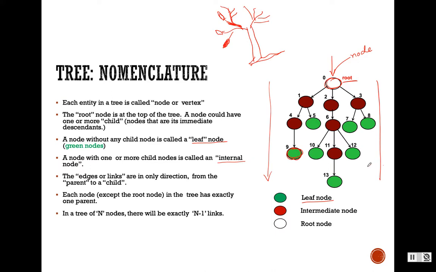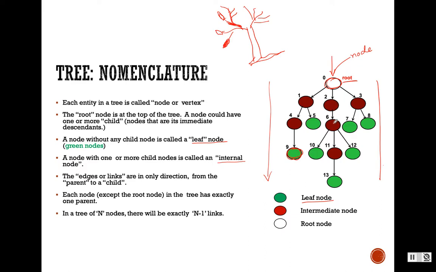In this data structure we can see that node 0, the root node, has 3 children. Node 1 has 2 children, 4 and 5. Node 4 has 1 child, 9. Node 5 doesn't have any children, so it is a leaf node.